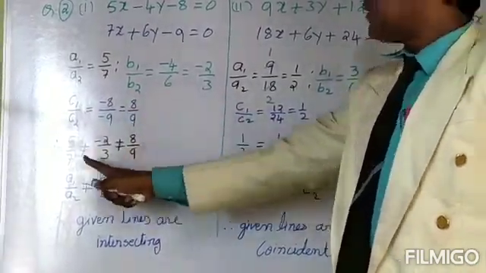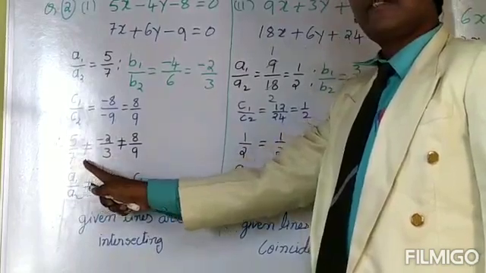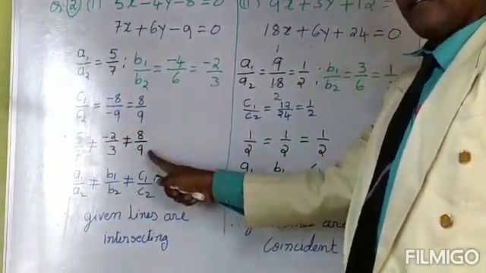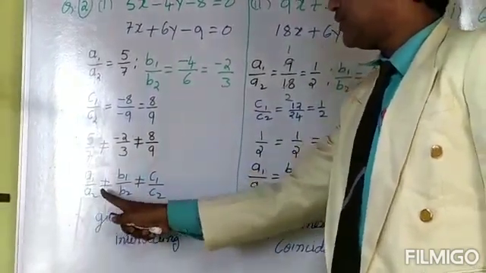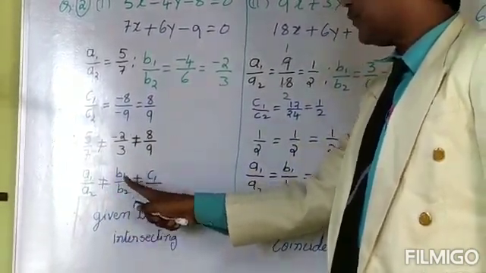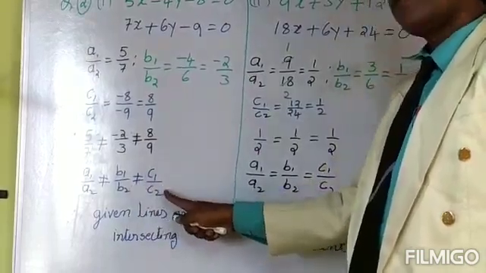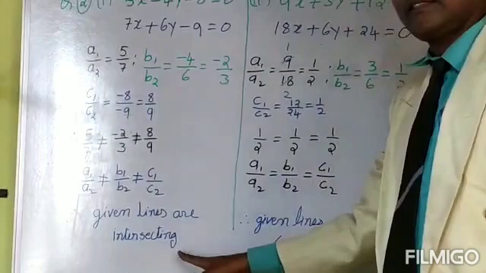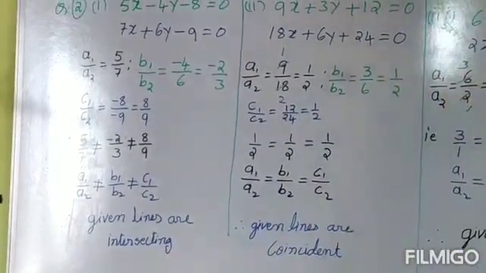So with this we are clear that 5 upon 7 is not equal to minus 2 upon 3 is not equal to 8 upon 9. That is, a1 upon a2 is not equal to b1 upon b2 is not equal to c1 upon c2. This representation tells you the given lines are intersecting. I mean you are going to get one solution only.